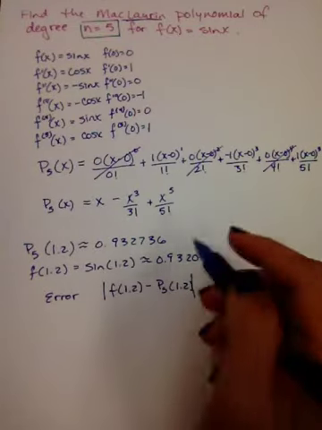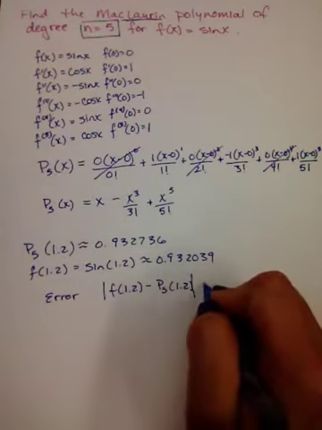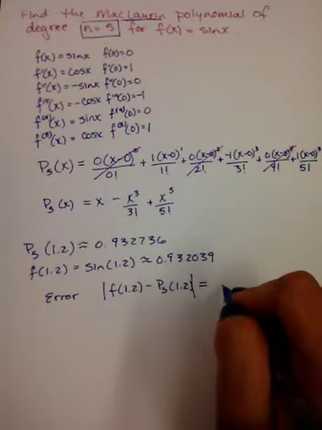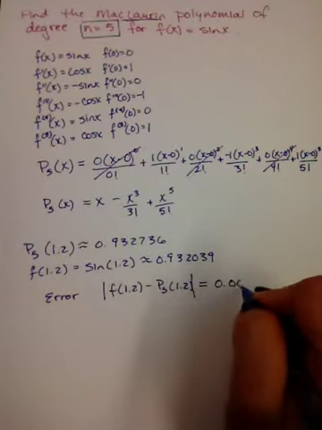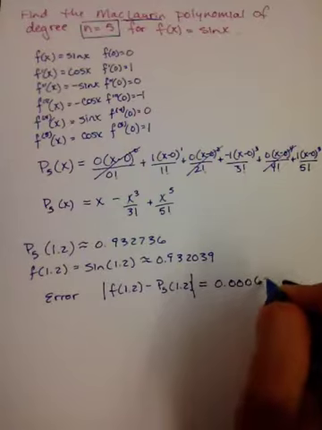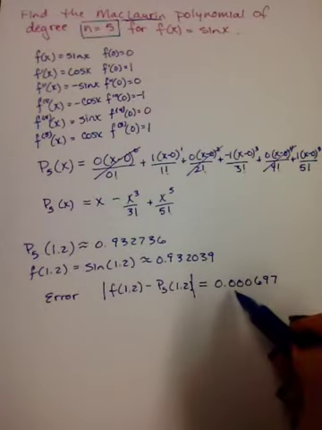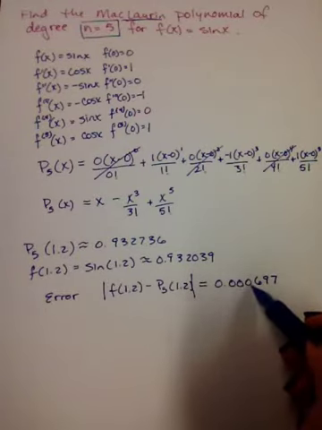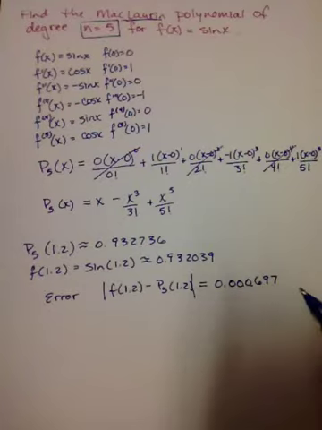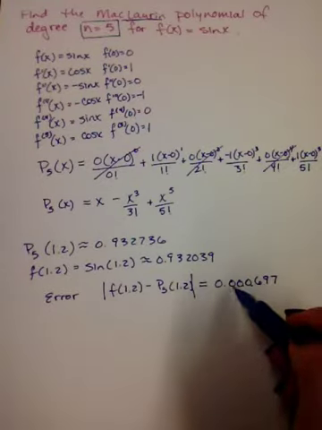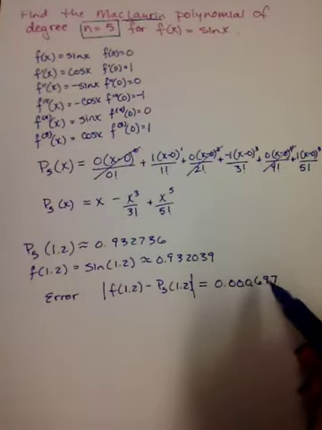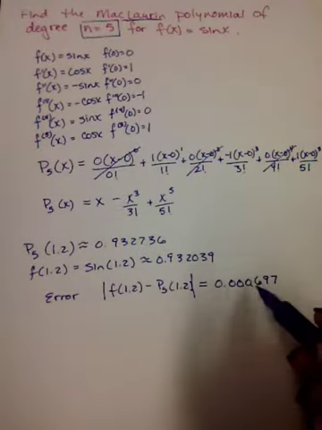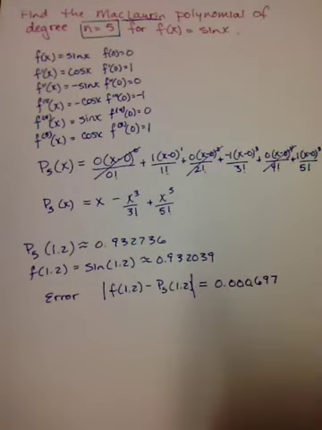So you would subtract the two numbers, then ignore it if you get a negative, and the amount we are off by is 0.000697. So rounded, it's about 7 10,000ths that you're off just by doing a fifth degree polynomial.